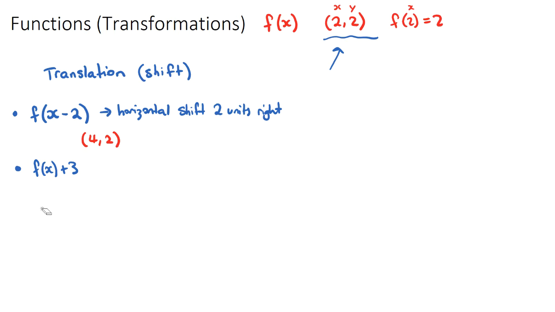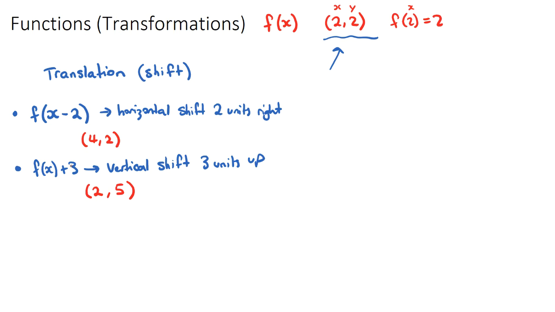This is a vertical shift, or we could say a vertical translation, 3 units up, or 3 units in the positive y direction. So back at our original point, the x wouldn't have changed because we didn't change the x in the function, but the y will have 3 added to it, so now it will be at 5, because our original y was 2 and we add 3.